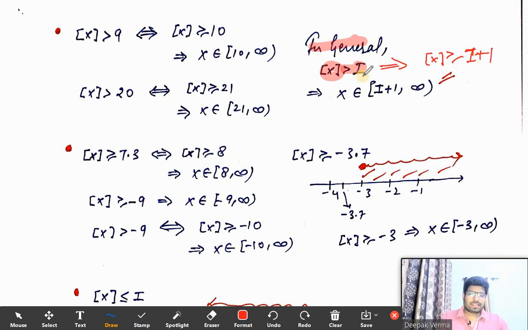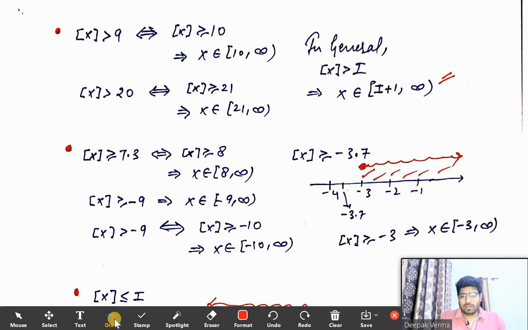Next integer of I is what? I plus 1 on the right hand side. So then we can put box x is greater than or equal to I plus 1. Then x belongs to I plus 1 to infinity, with I plus 1 we will put a closed bracket.